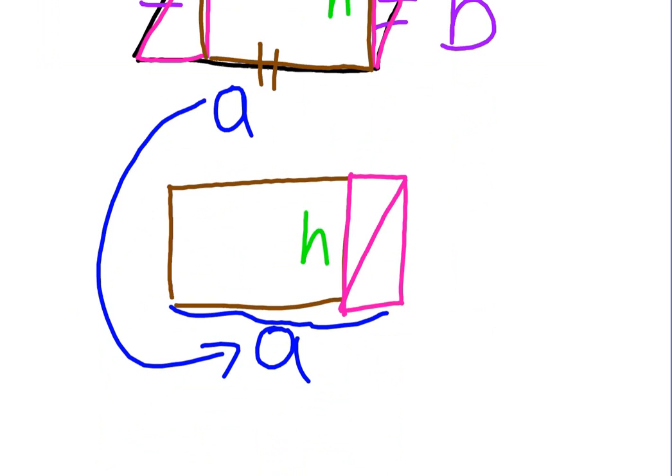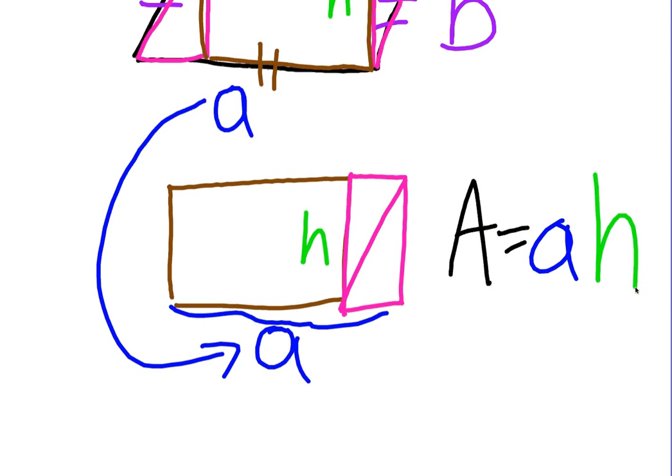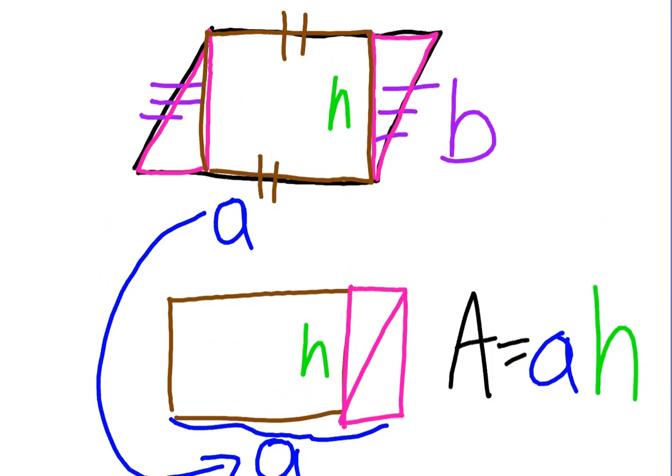Okay, so it's just going to be, whoops, I meant to do the big A. Sorry about that. Okay, or you can just say base times height if you want to. I labeled the base B. Oh well. Anyway, there, parallelogram is just base times height.